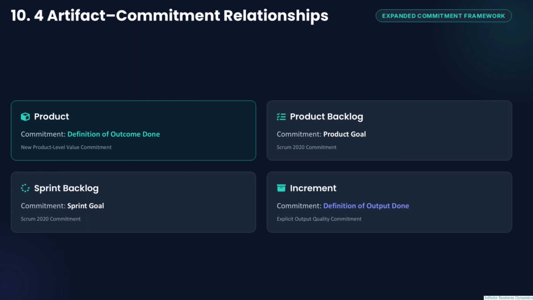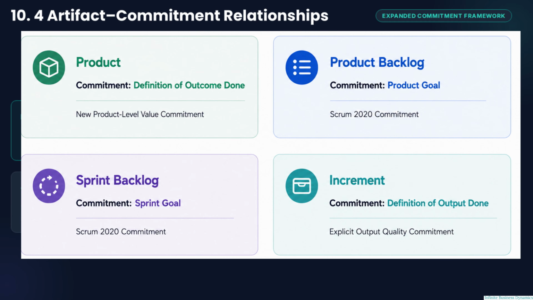The expanded framework introduces 4 artifact commitment relationships. The product is associated with the definition of outcome done, creating a product-level commitment around realized value. The product backlog is connected to the product goal, which provides the commitment to the product objective being pursued. The sprint backlog is connected to the sprint goal, giving the sprint its clear near-term commitment.